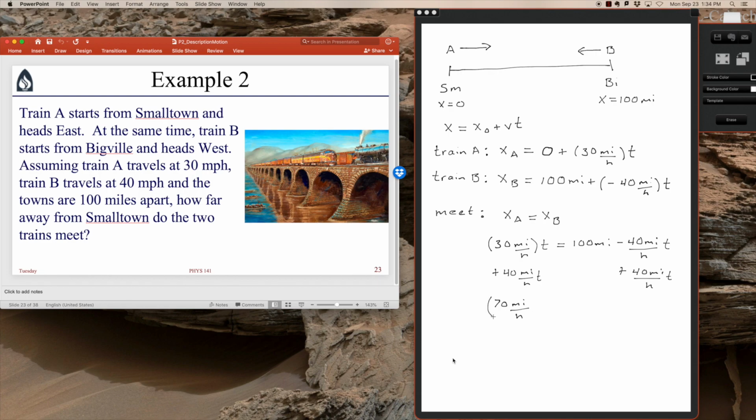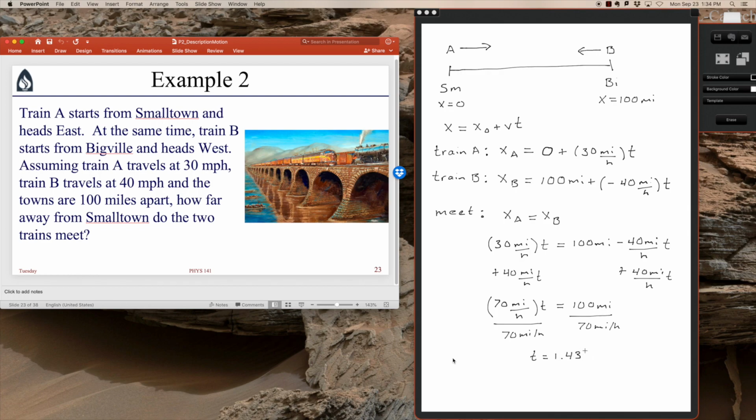So 30t plus 40t would give me 70t. And that's going to be equal to, well, this cancels, so it will be equal to 100 miles. And then the final step would be to divide both sides of the equation by 70 miles per hour. And that's going to give me a t equal to 1.43 hours.